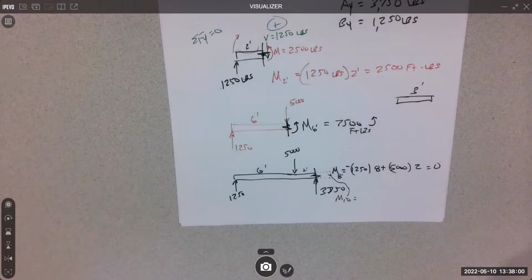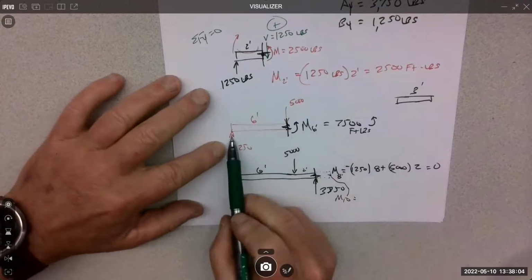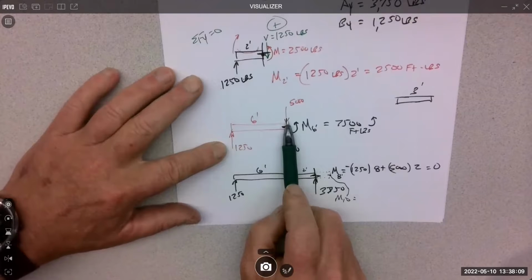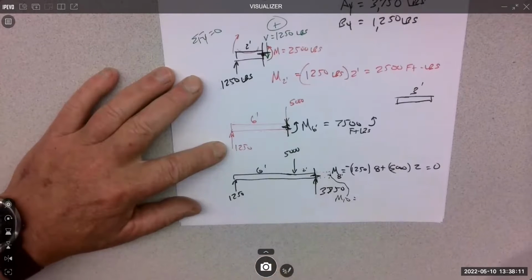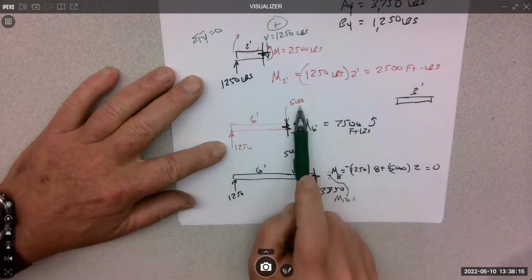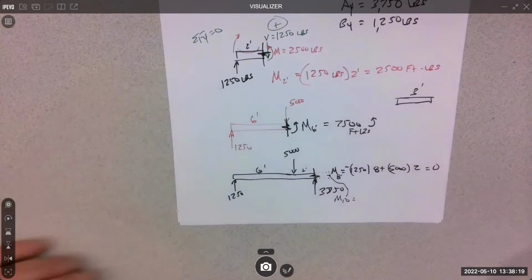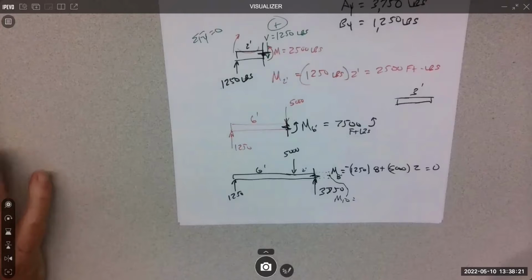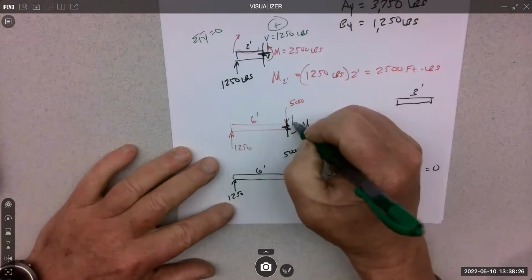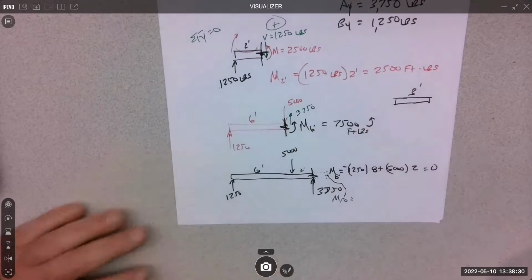Then you do the same thing at every location. Here at 6 feet, I sum the forces in the Y. The 5,000 does show up, because when we're summing forces in the Y, we don't care what those forces are. So we have 1250 up, we have 5,000 down. What do we need to put inside? Should be 3,750, and it needs to be up to balance it.